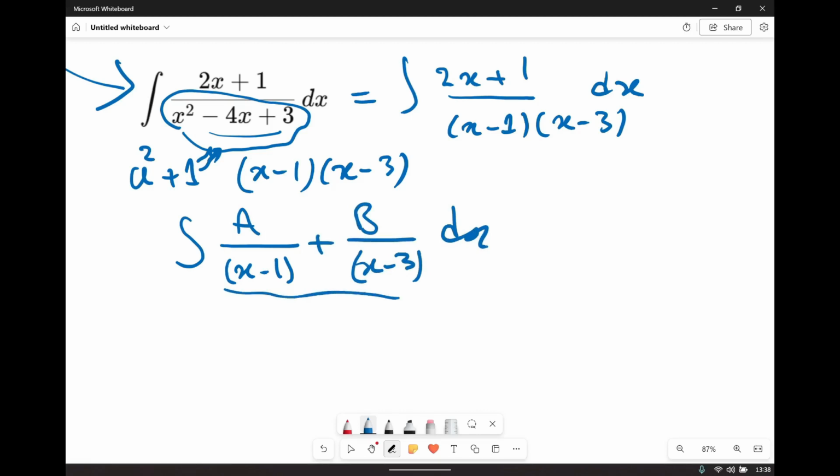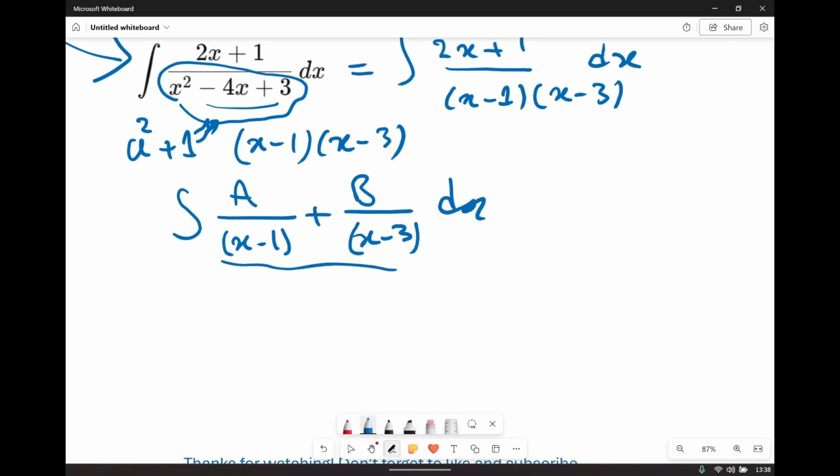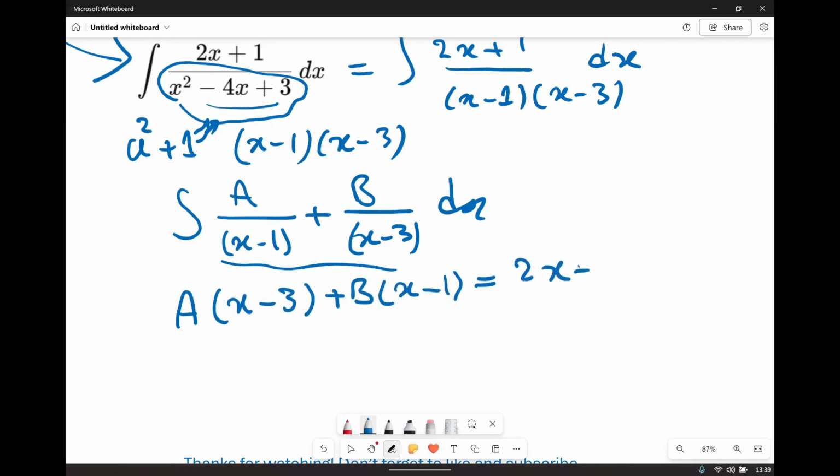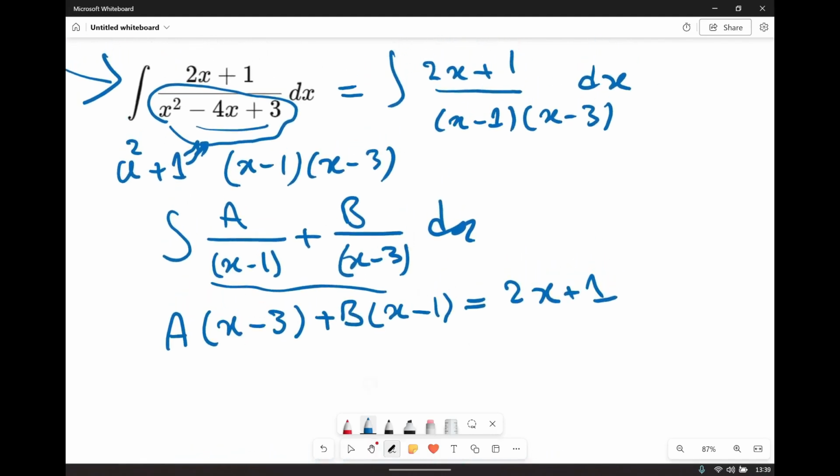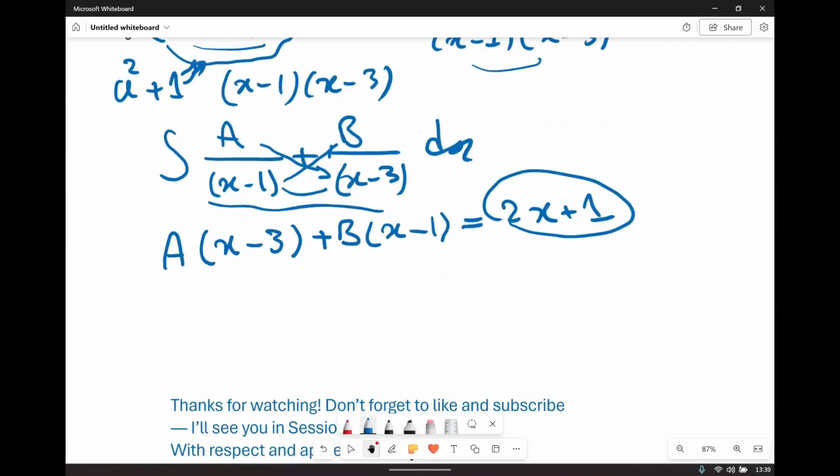Therefore, I do that. Why? Because exactly a times x minus 3 plus b times x minus 1 must equal 2x plus 1. Do you agree with me? Yes, because this multiplied by this in the numerator and this multiplied in the denominator, therefore they must be the same. What is my trick?